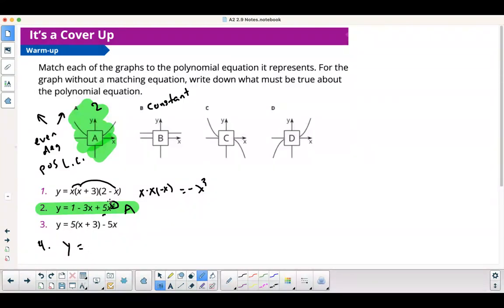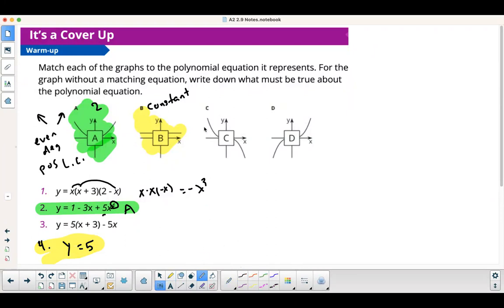Y equals, and I got to pick a positive number because it's above the x-axis. So I'm just going to say y equals 5. How's that? All right, there's no numbers on the axes, so I don't know if it's up at 10 or 100 or whatever. But I know it's positive because it's above. So that would be for that one. So this one will be yellow right there.